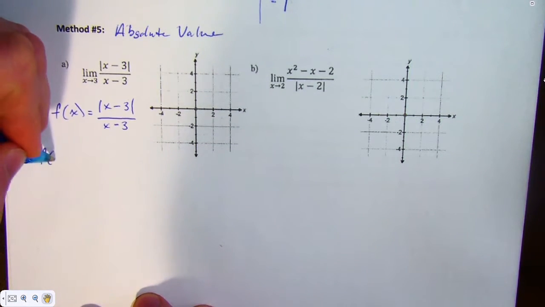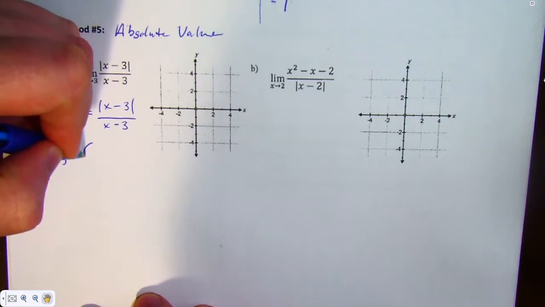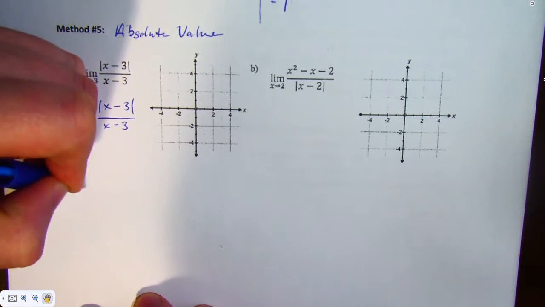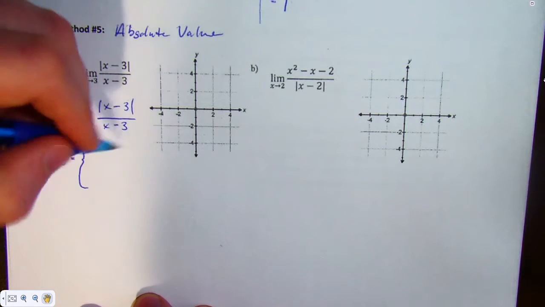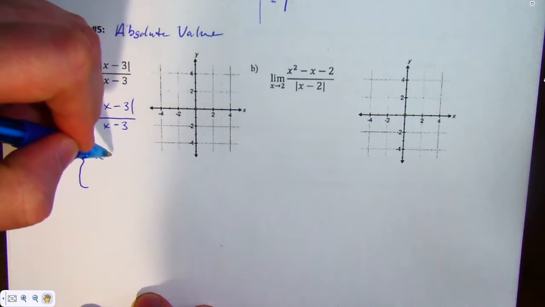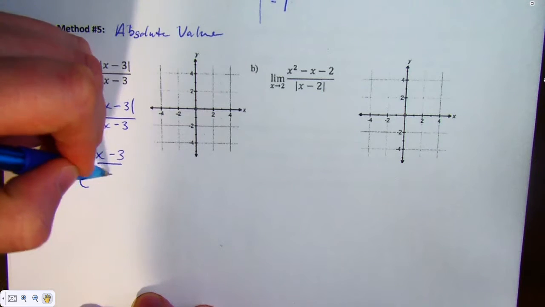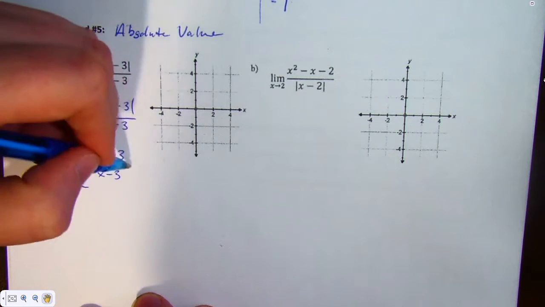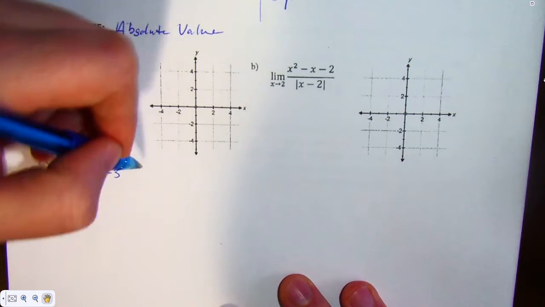So I'm going to say f of x is equal to, and we have two situations. If x is bigger than 3, then this is just going to be x minus 3 over x minus 3. Sorry, I didn't make this big enough.